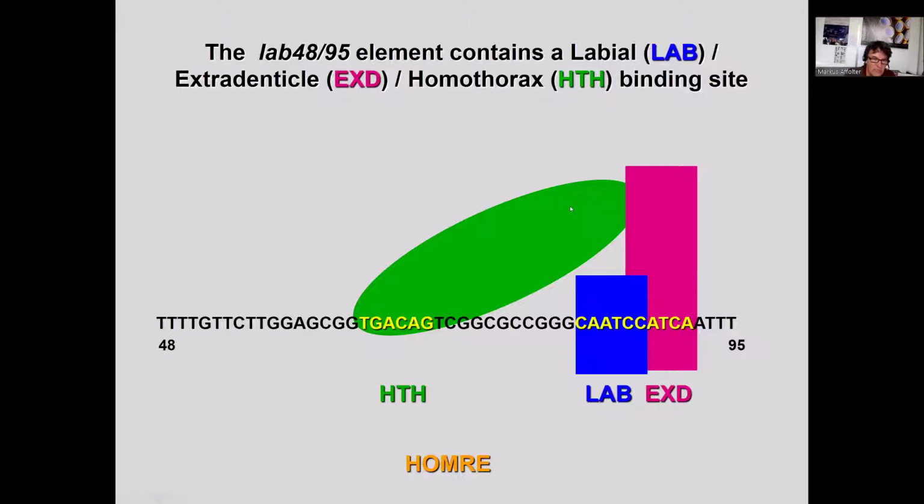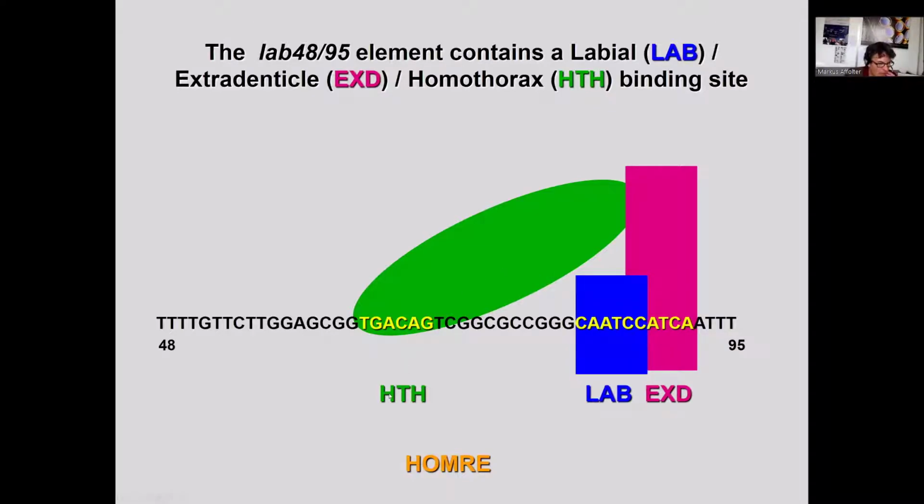Then he realized that labial and EXD actually do not bind only together, they function as a trimer. The other protein is homothorax. That is required for labial to function. It requires EXD and homothorax. And these two interact together. And then we said, is that the case here? Yes, it is. Are there sequences? Does homothorax also bind DNA? Yes, it does. And it binds here. So that was the first trimer complex in vivo where a homeotic protein required homothorax and EXD.